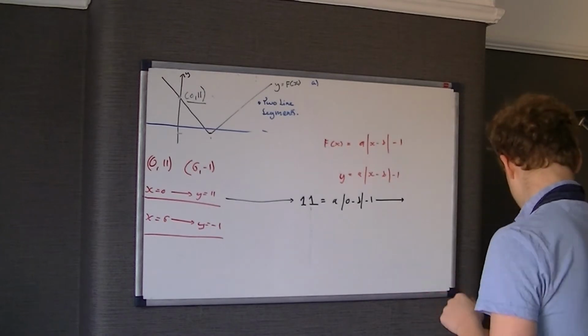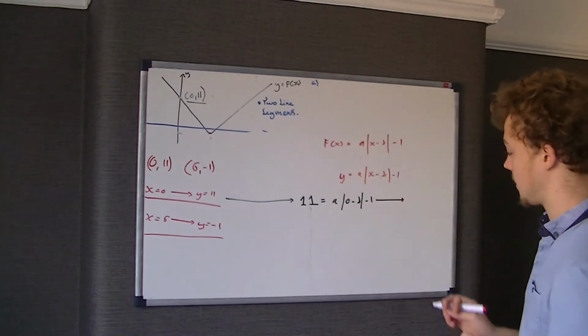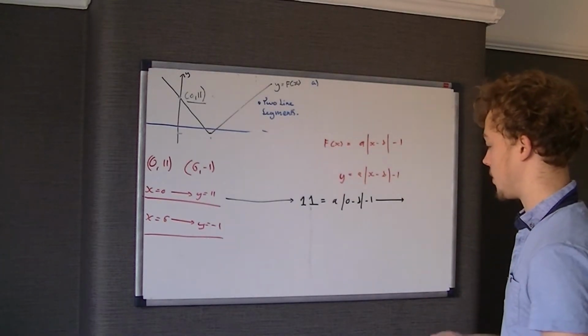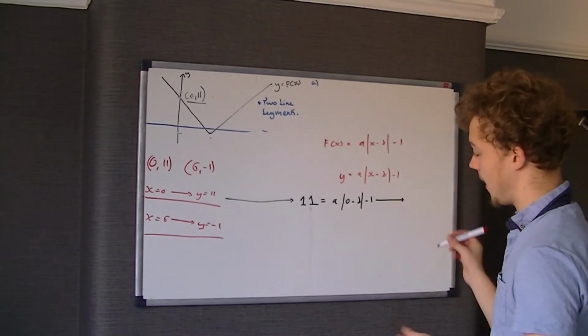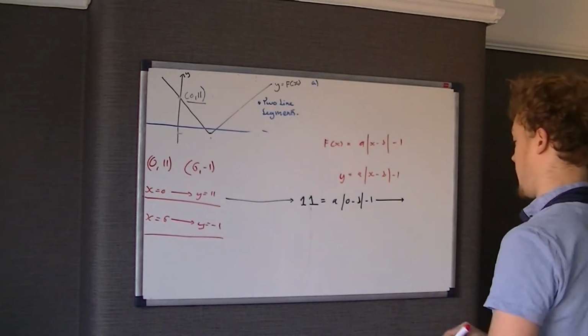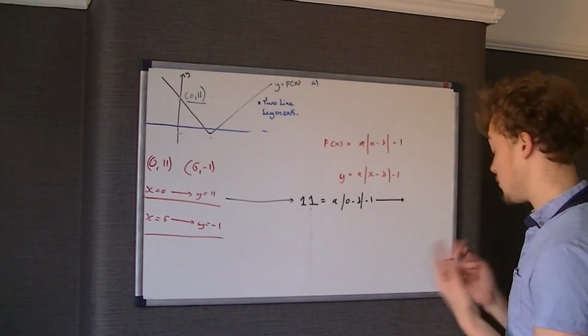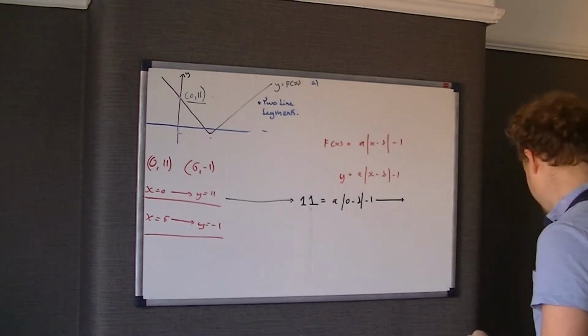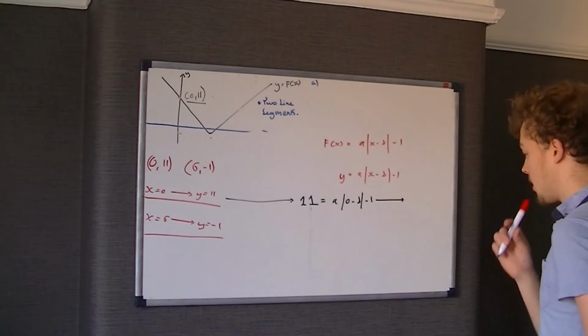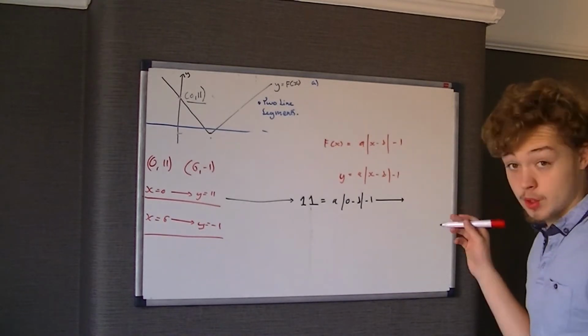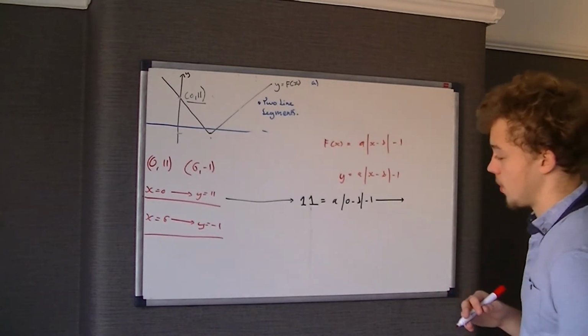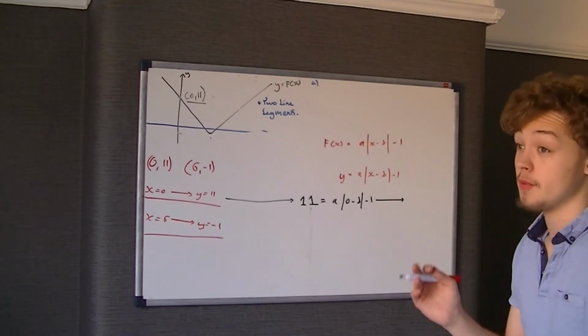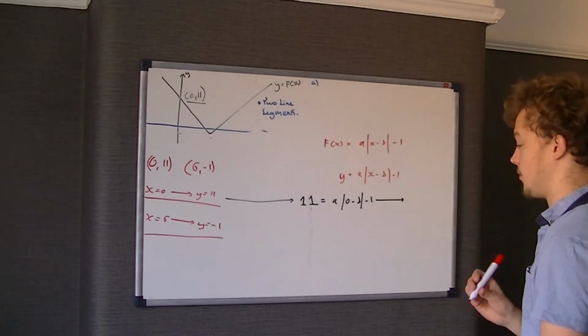What we can do here is move the 1 over to that side, so that'll get it equal to 12. So 12 equals a times the modulus of negative b. Now this negative b turns to positive b, but it also could be negative b, because when you do the modulus of something, it can be either the modulus of the positive number or the modulus of the negative number.